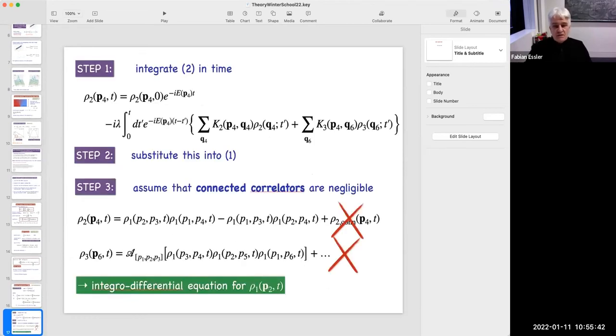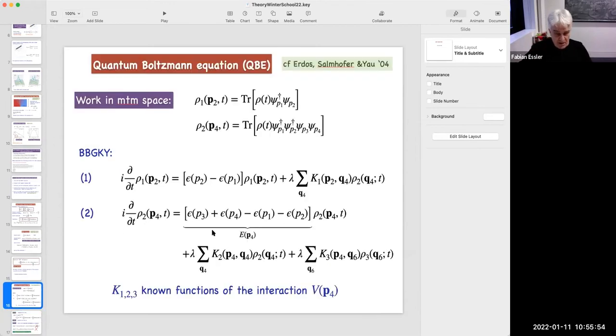Okay. Now, in order to get some closed set of equations, you follow through a few fairly straightforward steps. The first step is you take this equation here and you integrate it in time, from 0 to t on the left-hand side and on the right-hand side.